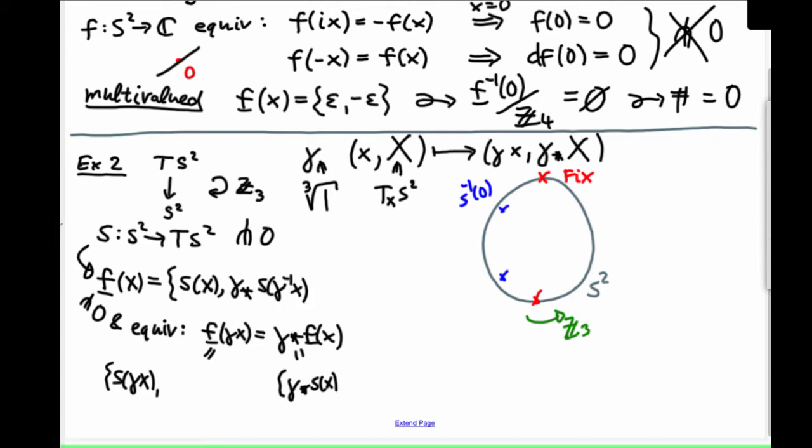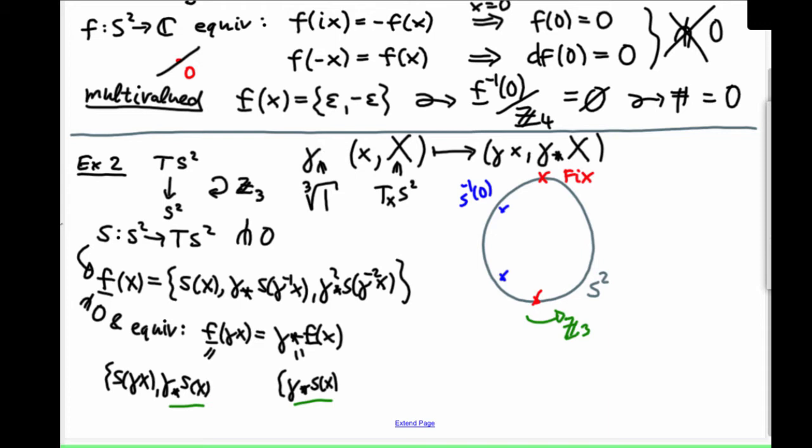Inverse x. And then I do the same thing with that one. I take gamma squared star s of gamma minus 2x. Right, so let's see whether that checks out. If I apply gamma here, I'm seeing gamma star s of x. That's good news, because that cancels these two.